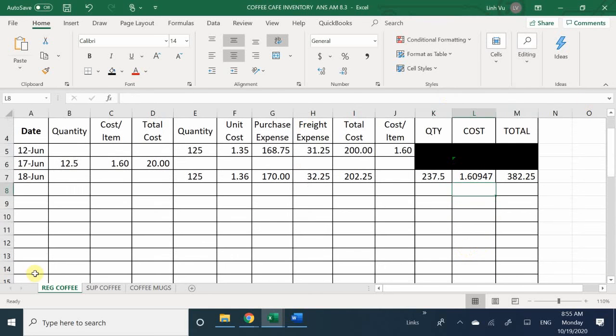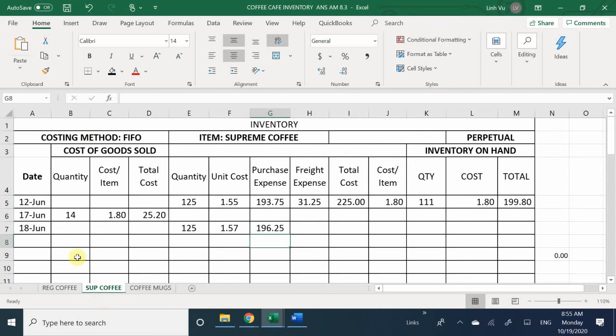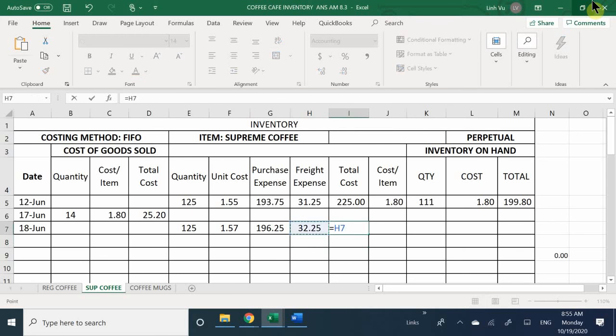So now we need to calculate our supreme coffee. What was it, 32.25? Yes. So what's my total cost? 228.50. Okay.